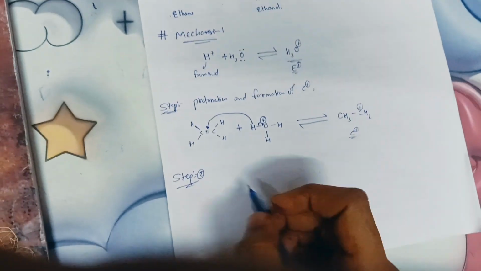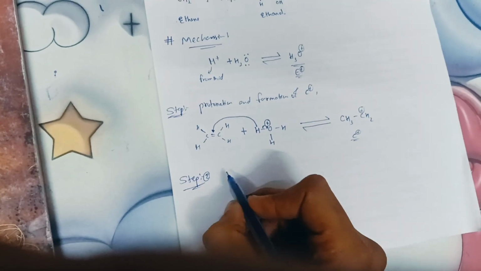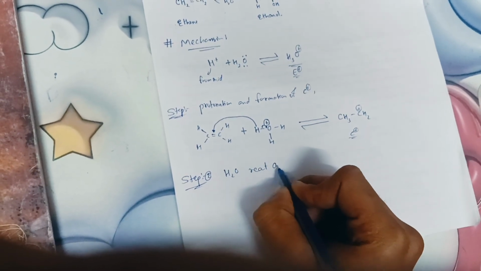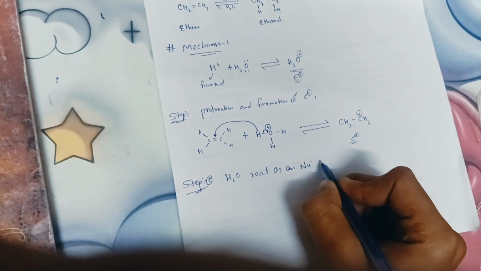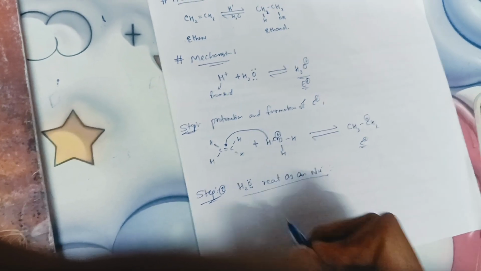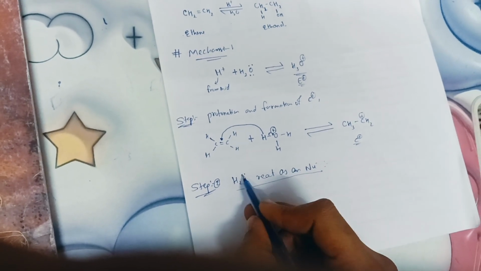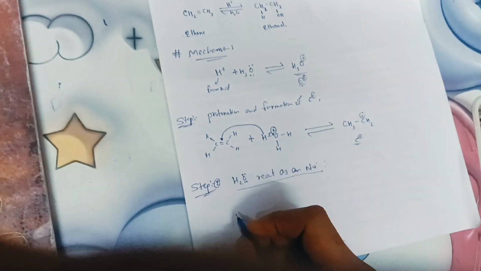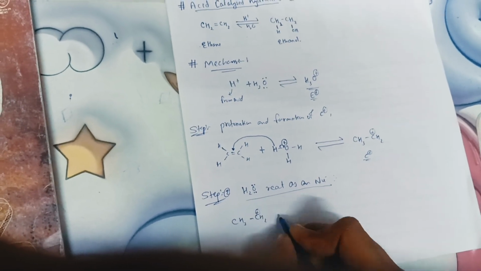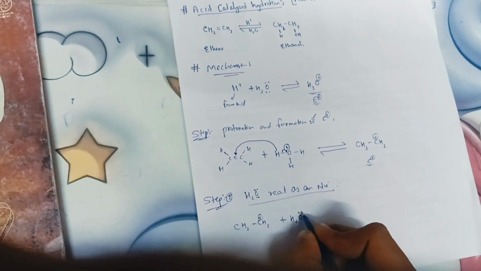Now step 2. In this step, H2O reacts as a nucleophile. We have learned about nucleophiles being neutral. They are neutral species and contain a lone pair of electrons. So CH3, CH2, which has a positive charge, plus H2O.